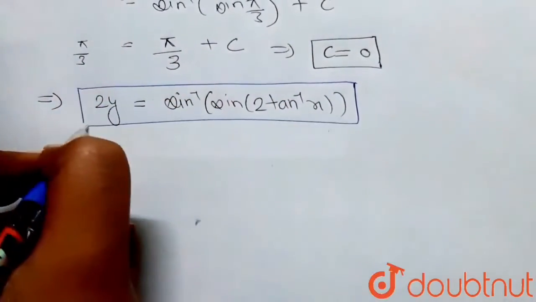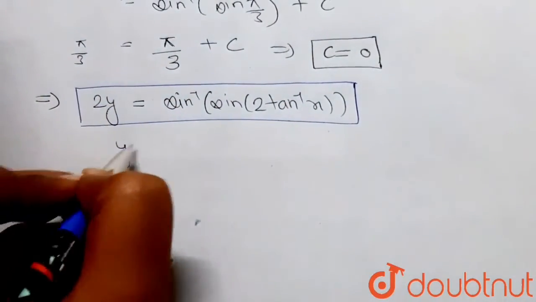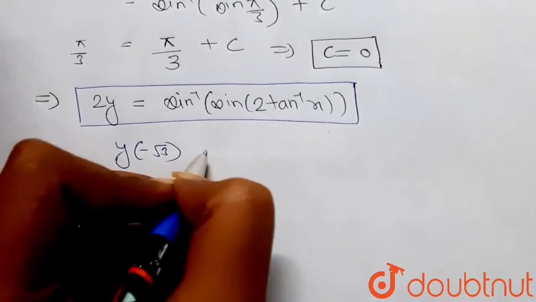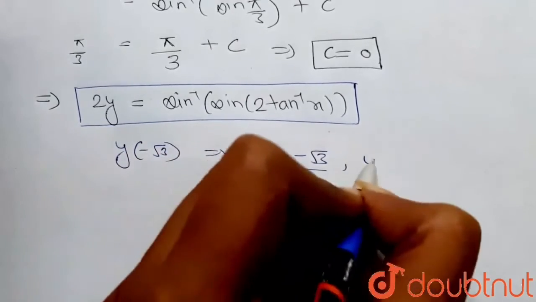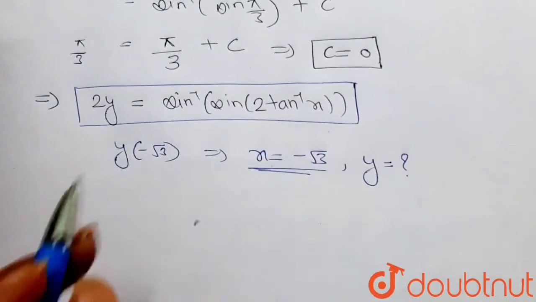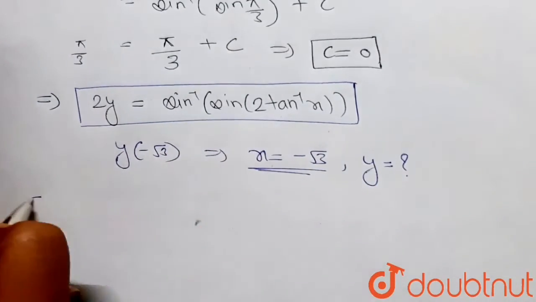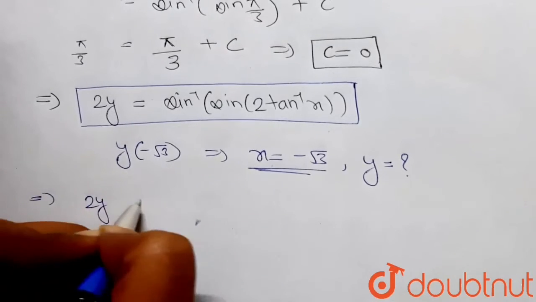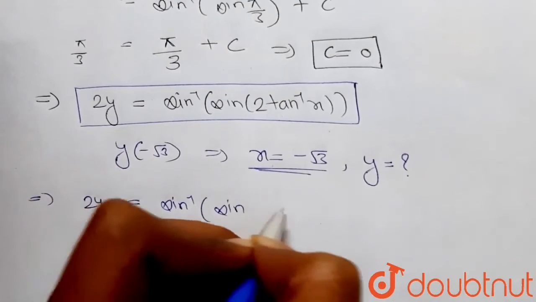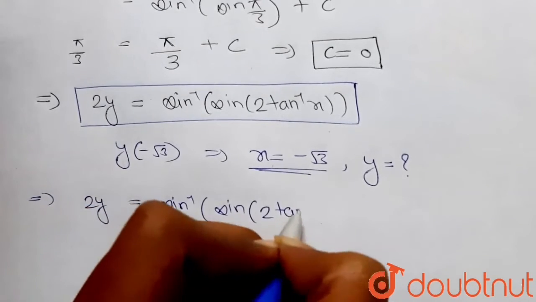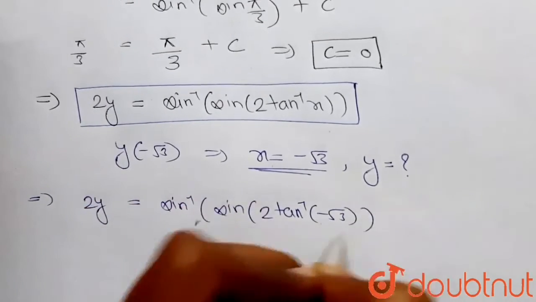Now in the question we have been asked for y of minus root 3, right? That means we have to put x equal to minus root 3 and find the value of y. So let's put x equal to minus root 3 here. So this will become 2y equals sine inverse sine of 2 tan inverse minus root 3, right?